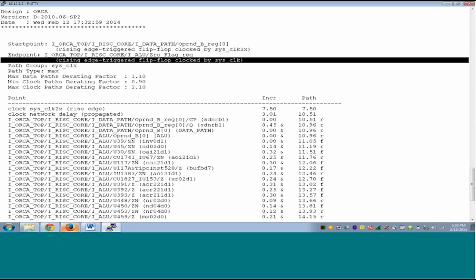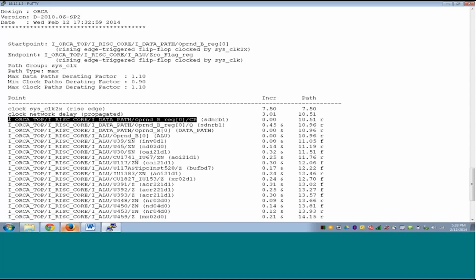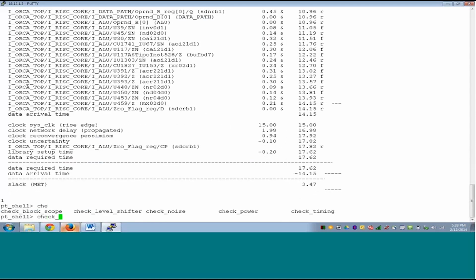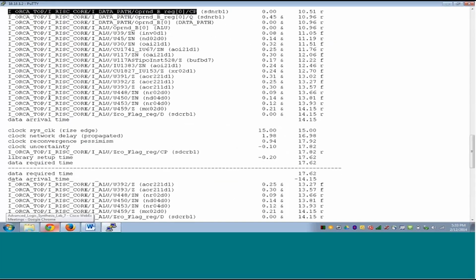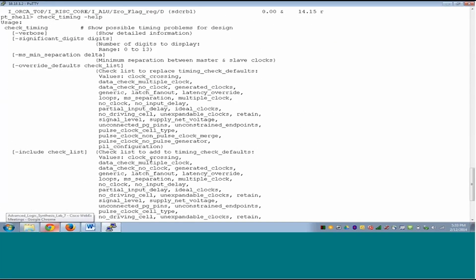Now let's first analyze how you see that a clock gets multiple clocks. We can know this by doing a check timing. Check timing by default has an include list, and it has a multiple clocks option also.